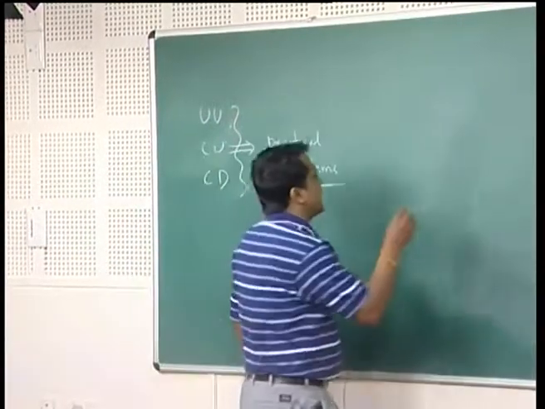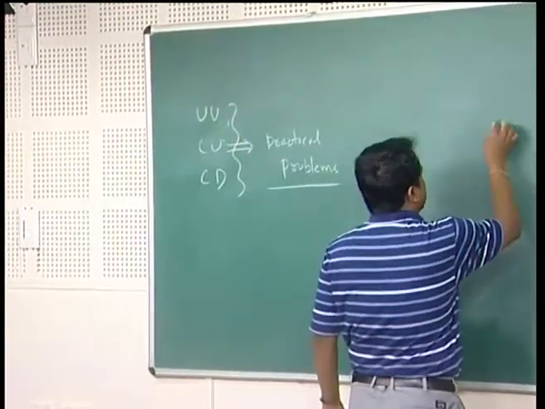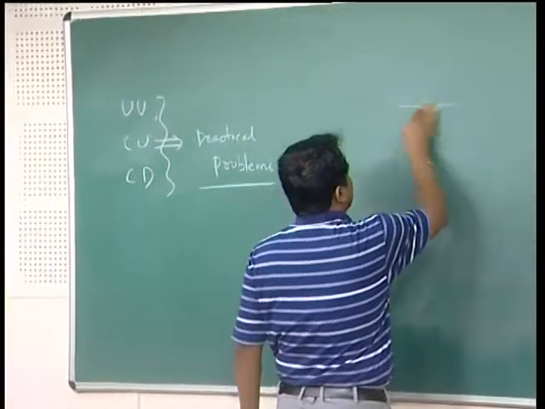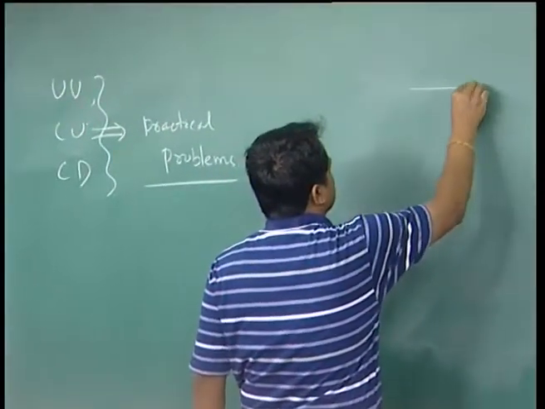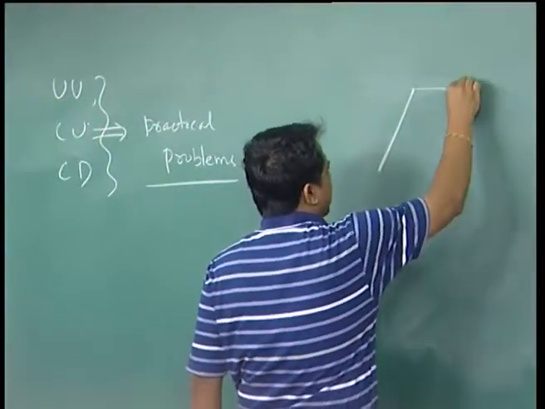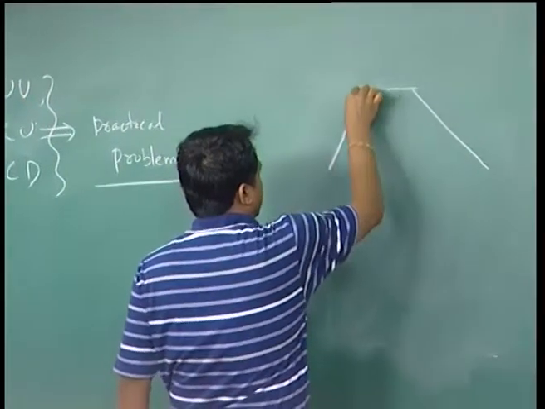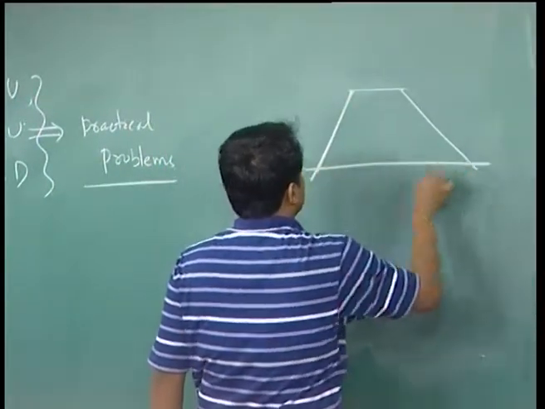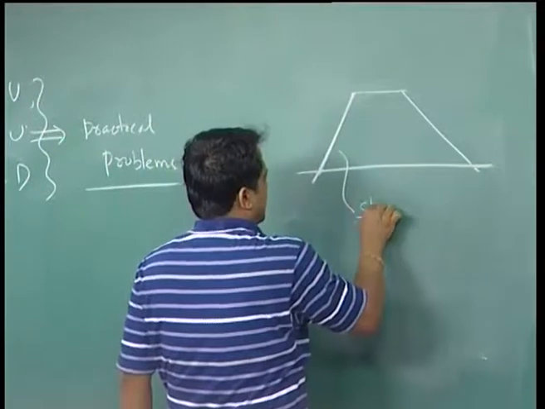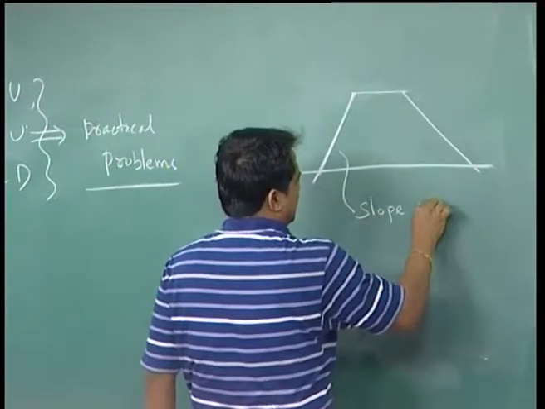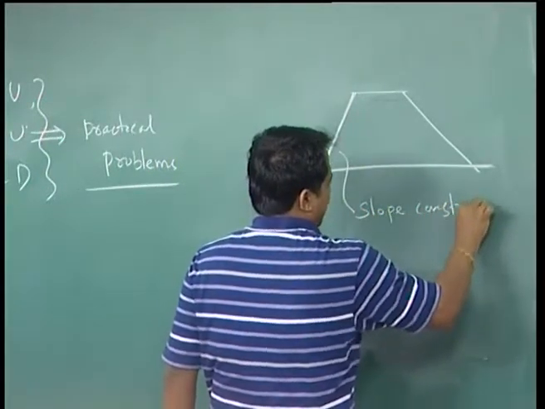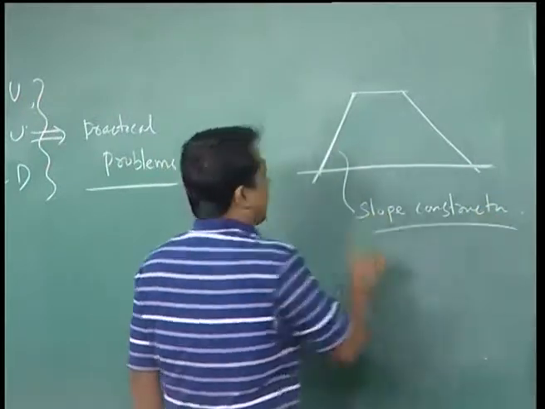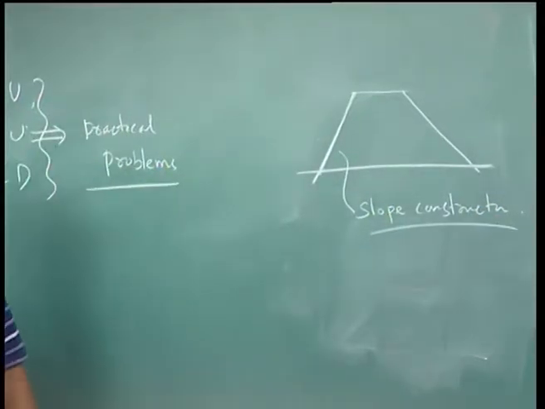The moment you say unconsolidated, undrained, suppose take an example of slope stability, slope construction. What will happen in slope construction?